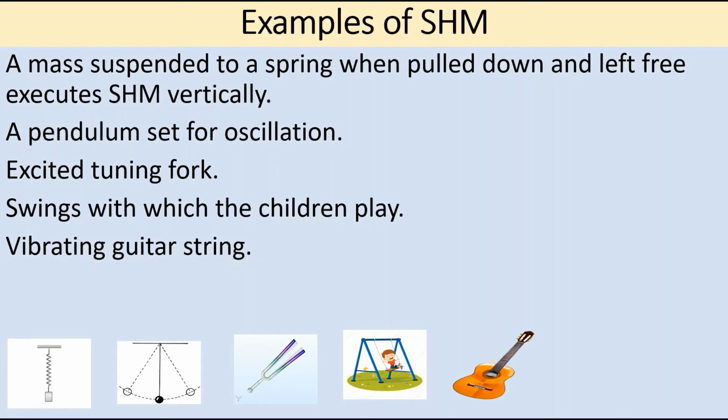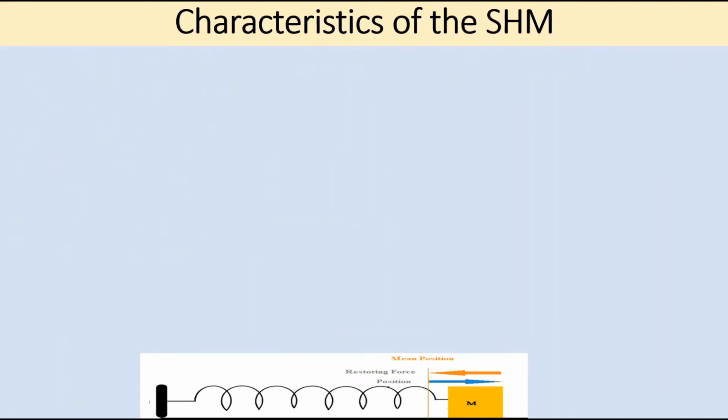These are some of the examples of simple harmonic motion. Simple harmonic motion is a motion in which the acceleration of the body is directly proportional to its displacement from a fixed point and is always directed towards that fixed point.